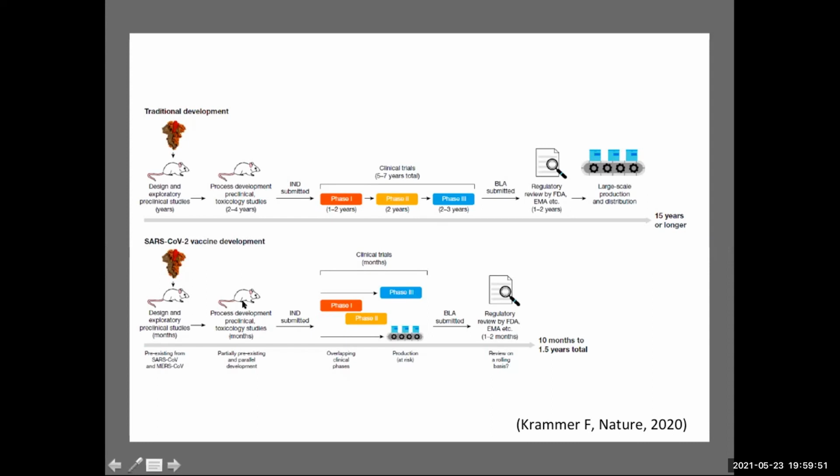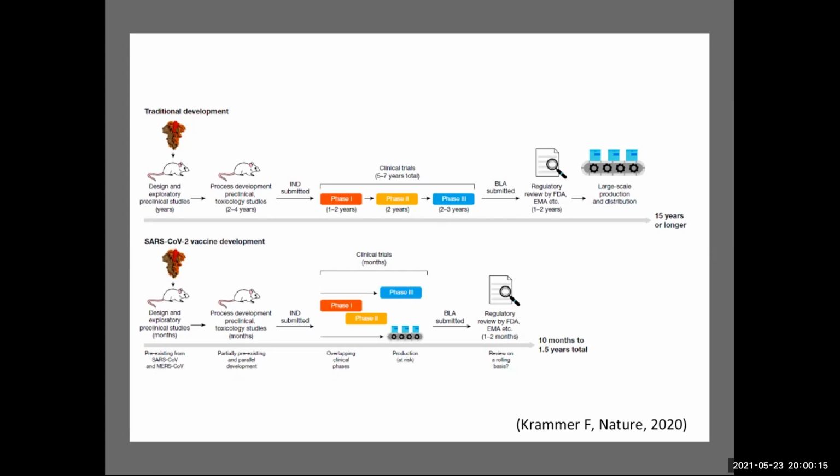Initially, the animal trials in the laboratory, then phase 1 starts, but before phase 1 finishes, phase 2 trials started. And then phase 3. And while this was going on, the industry started producing vaccines, and the regulatory approval process began.